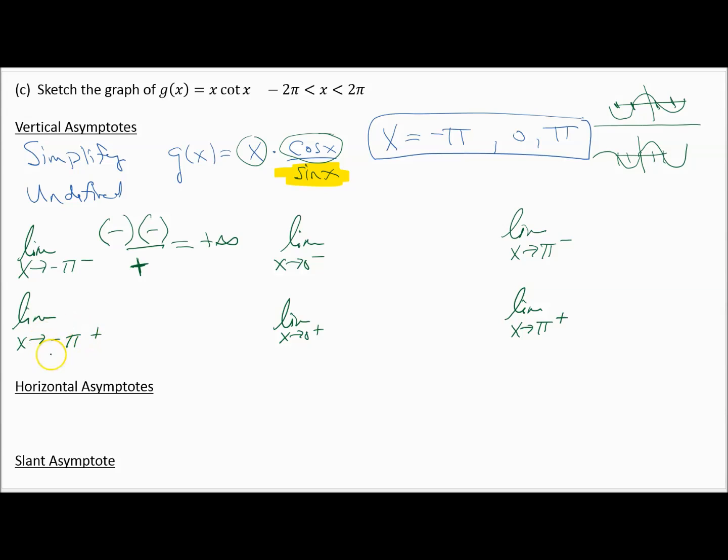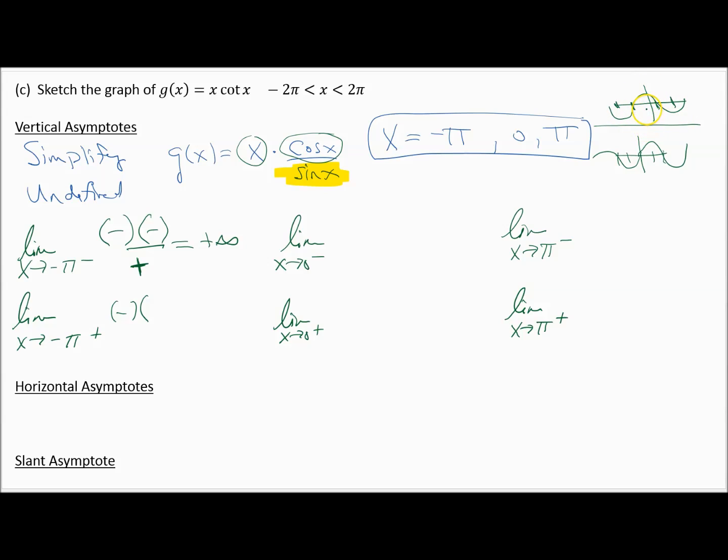Now let's do this again. This time I'm going to plug in a number a little bigger than negative pi. And when I plug that into x, I still get a negative number. A number really close to negative pi is still negative. When I substitute that into cosine of x, here's cosine on top, far right of the screen.